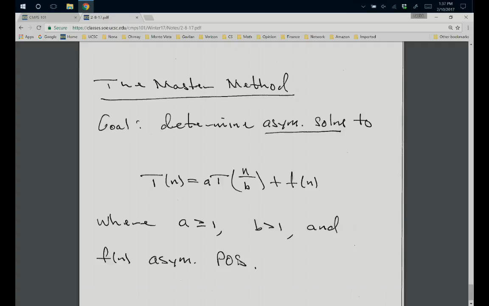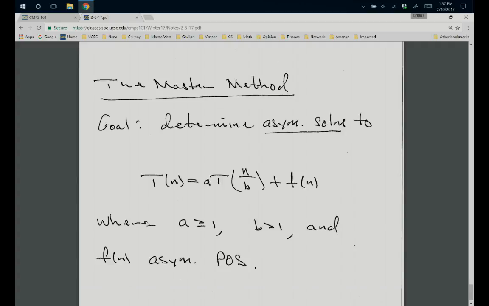So the master theorem gives you asymptotic solutions only. It doesn't give you exact solutions to recurrences. I talked last time about the distinction between those two things. It doesn't give you the actual function that satisfies the recurrence. It gives you its asymptotic growth rate, which is good enough for algorithm analysis.